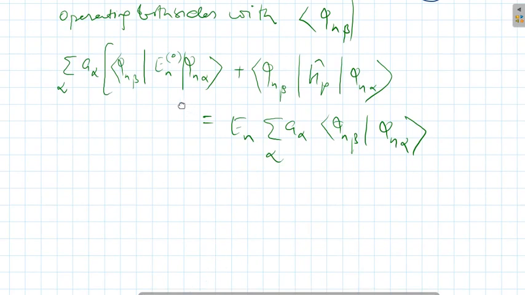Now it's a number, it's not an operator, because it's an eigenvalue and it's an operator. So that means it can be taken outside.